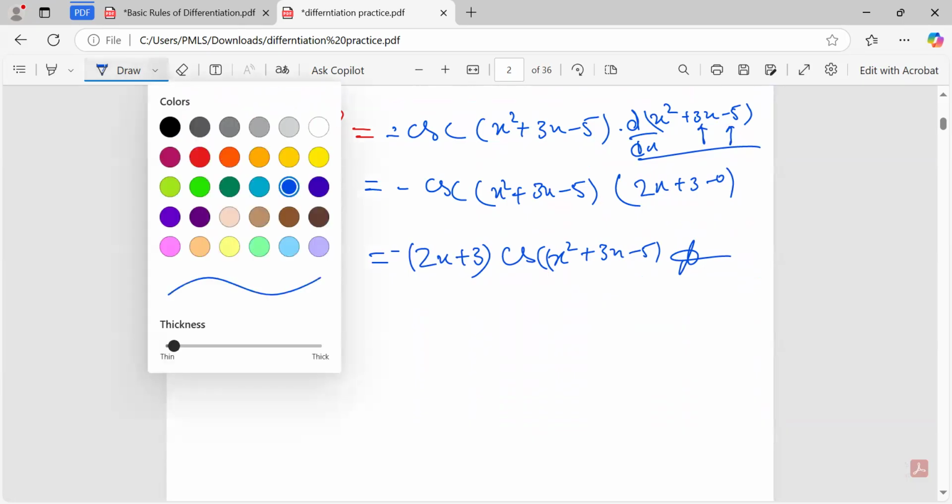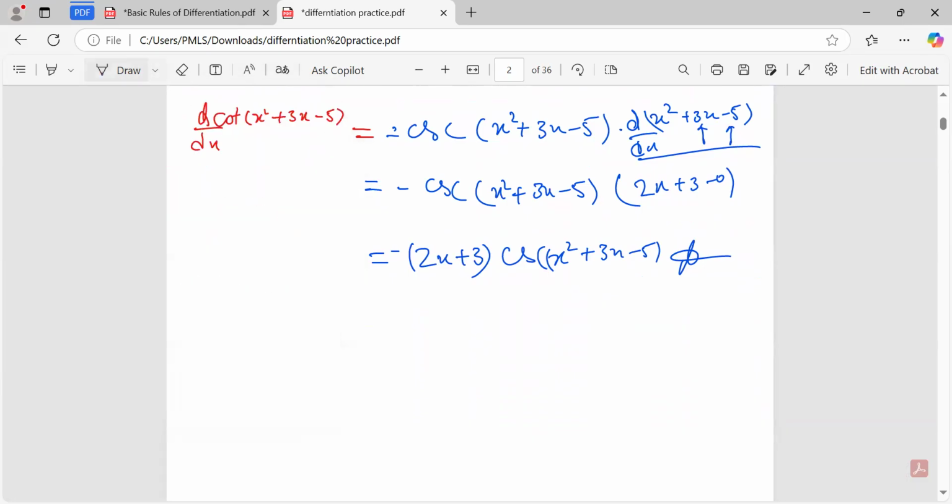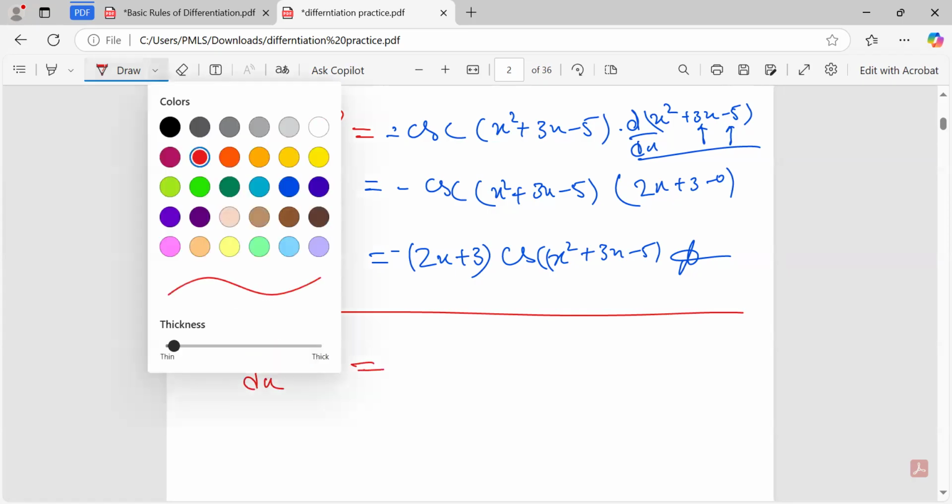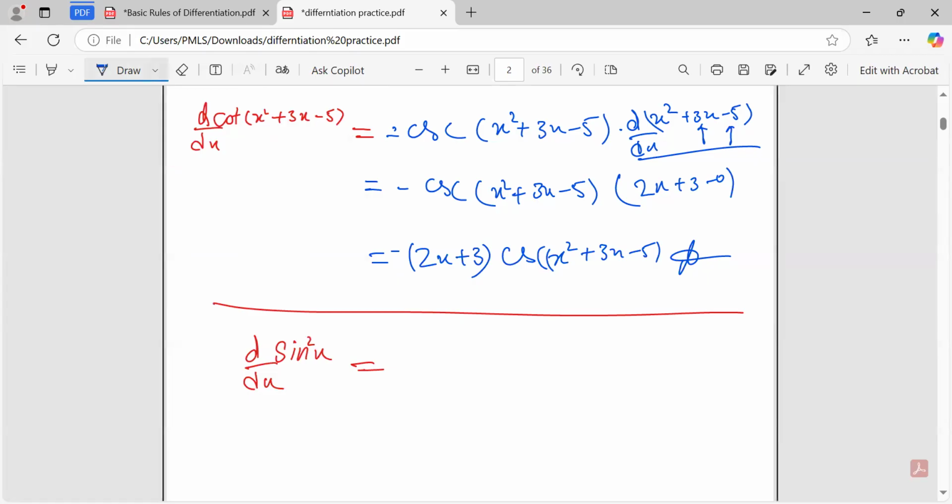After that, one important thing to keep in mind: if you have sine square x, its derivative will be, first of all, you apply the power rule. That will be 2 times sine x to the power 2 minus 1, and then take the derivative of the base, in this case sine x. This is important.